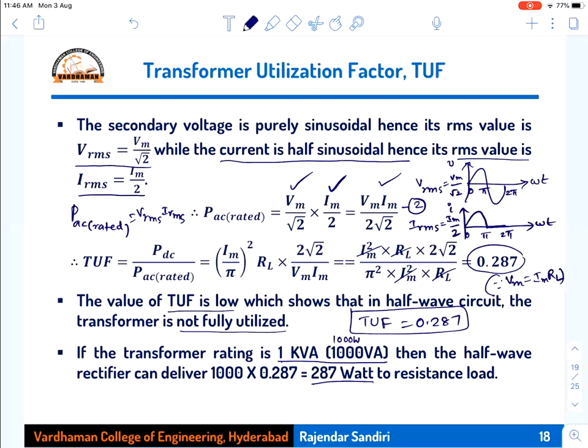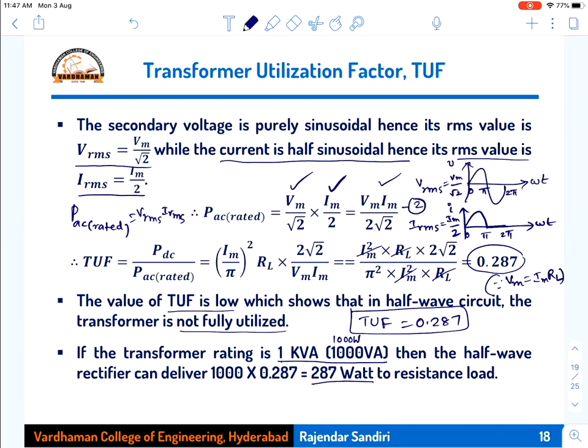Out of the transformer rating of 1000 watt, only 287 watt is delivered to the resistive load through the half wave rectifier. That means the transformer rating is 1000 watt, but it cannot be completely utilized in the half wave rectifier to convert into DC output power.